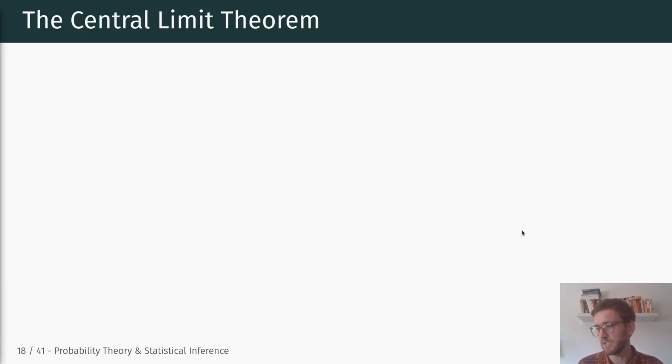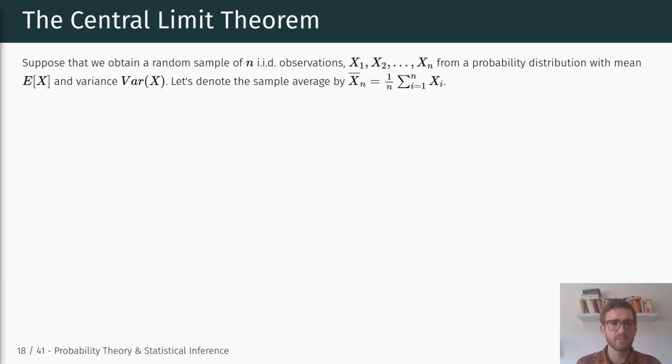So just as a quick wrap up. The central limit theorem can be specified as follows. Suppose that we obtain a random sample of n IID observations. IID, again, is independent and identically distributed x's that are all from a probability distribution with mean E of x and variance of x, okay?